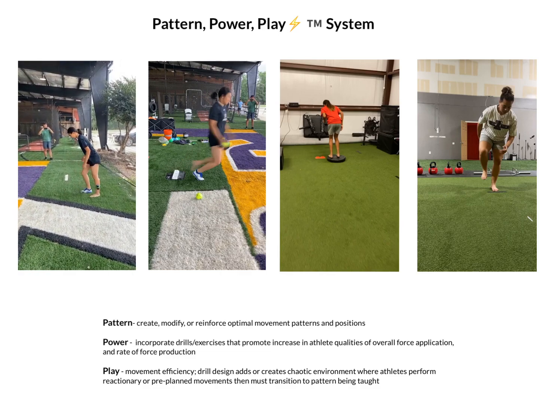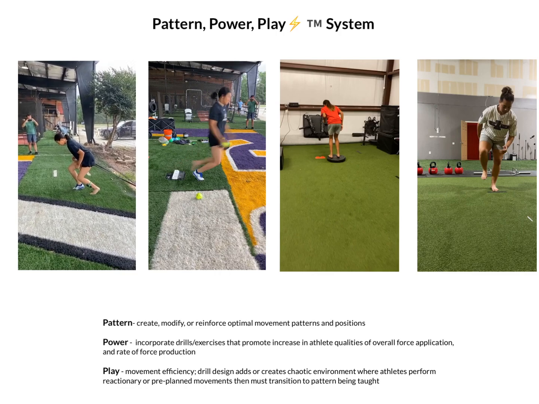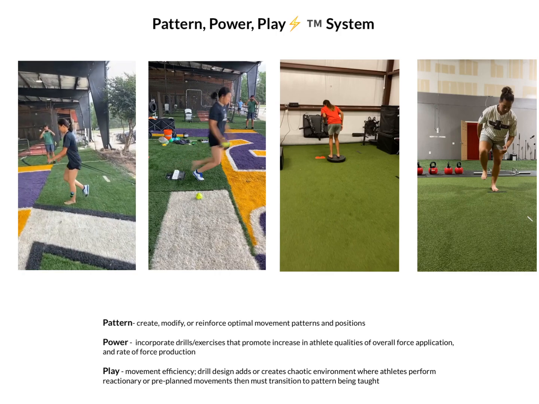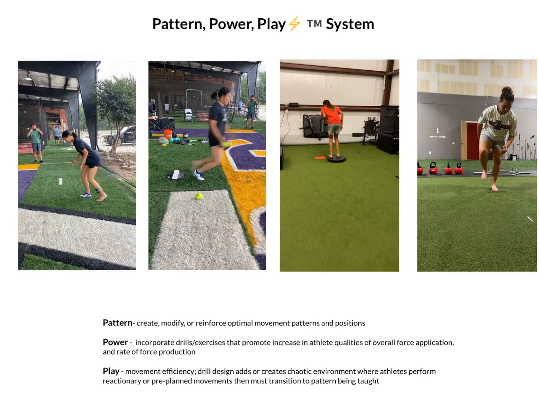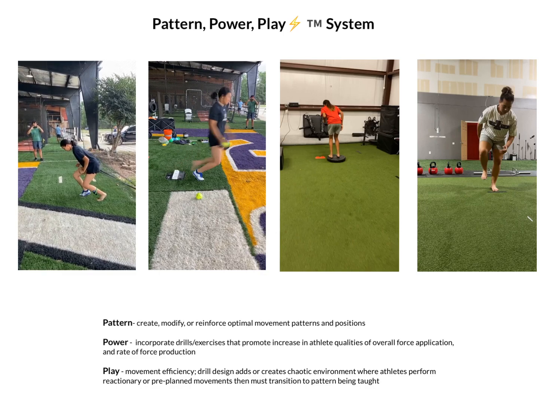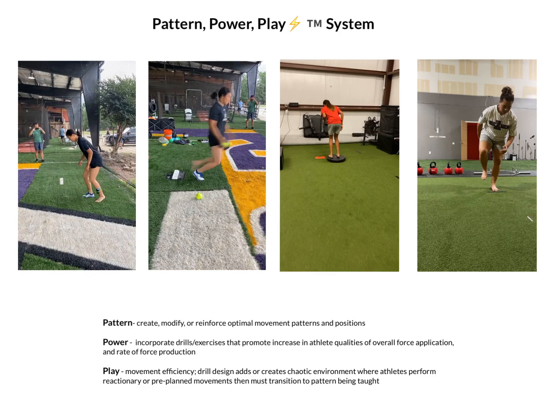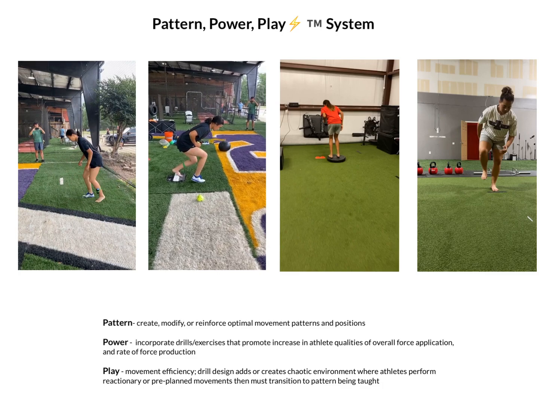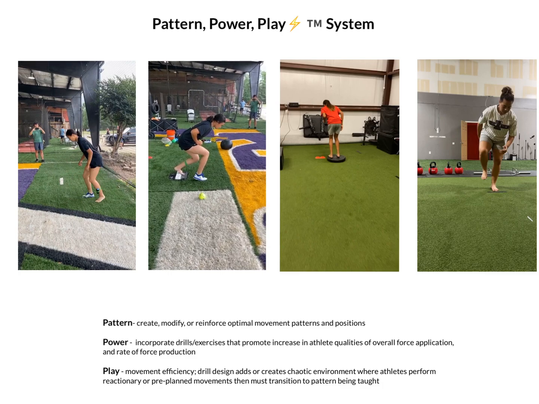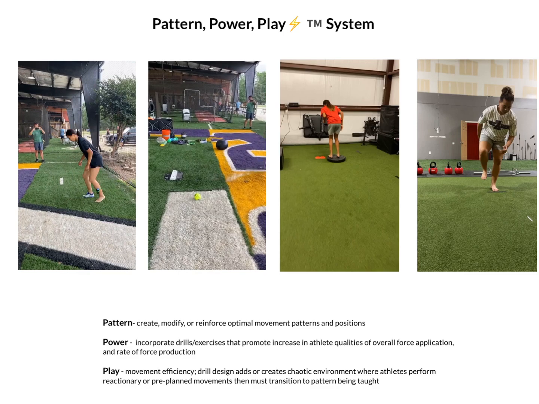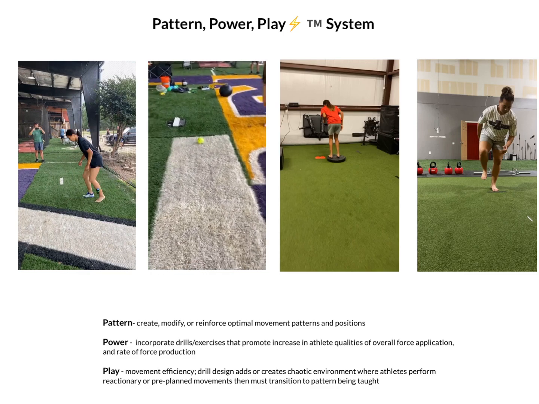Working on violent hip explosion, we're using a band to add resistance. She has our pulsars on, learning to help increase stretch shortening cycle and develop the hips. And what that leads to is an ability to start to create and develop better extension from her actual pitching motion. We want to create that explosive quality.